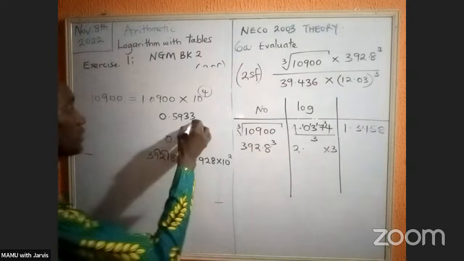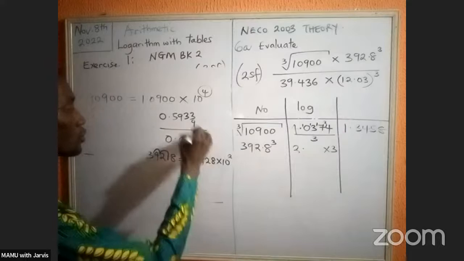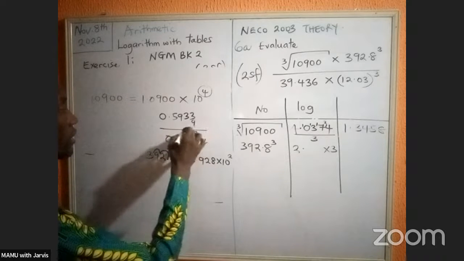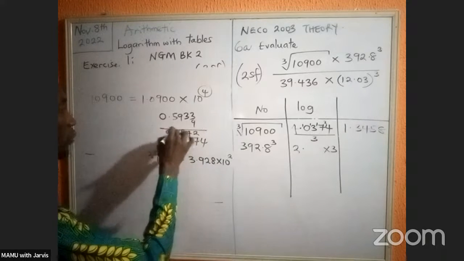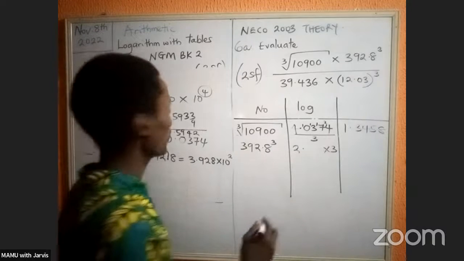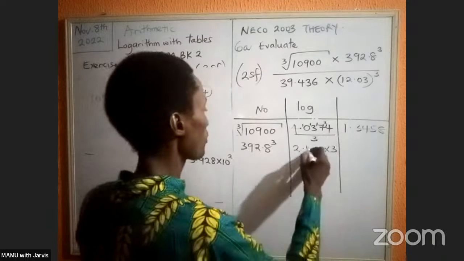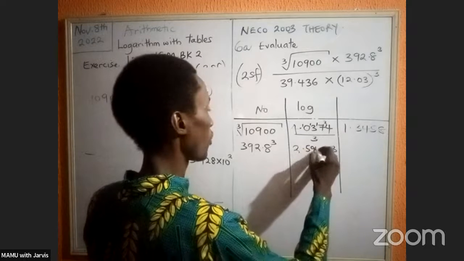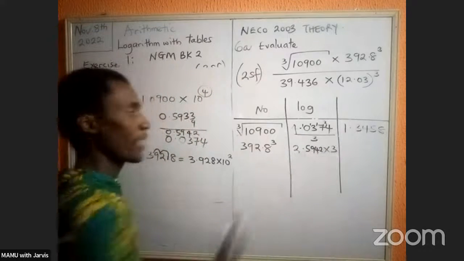So I'll add 9 to this, and that will be 0.5942. Now, this will be 2.5942.